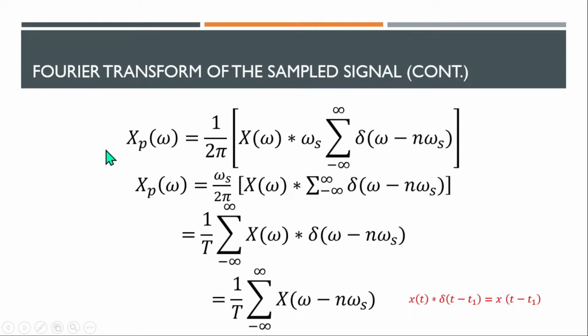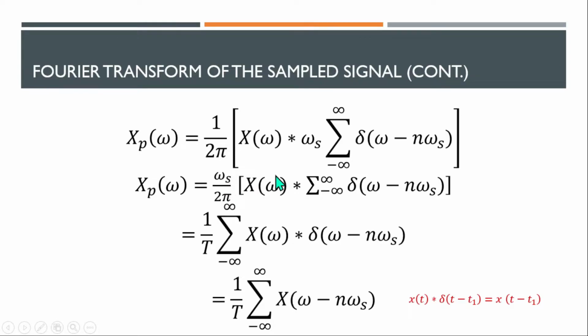Continuing, we have X sub p of omega equals 1 over 2 pi multiplied by X of omega convolved with omega sub s times the summation from n equals negative infinity to positive infinity of delta of omega minus n times omega sub s. X sub p of omega equals omega sub s over 2 pi.